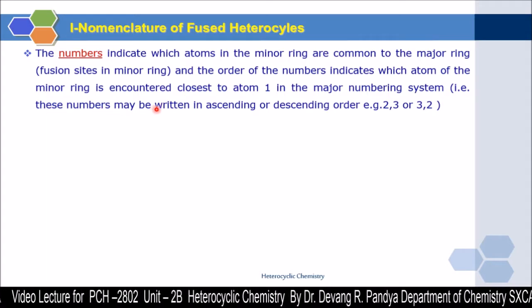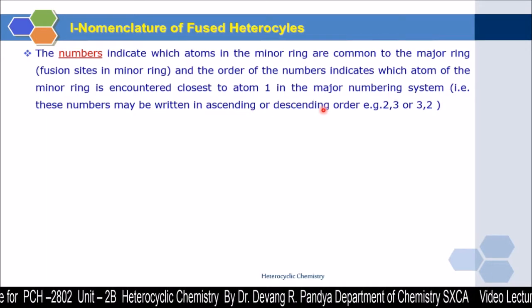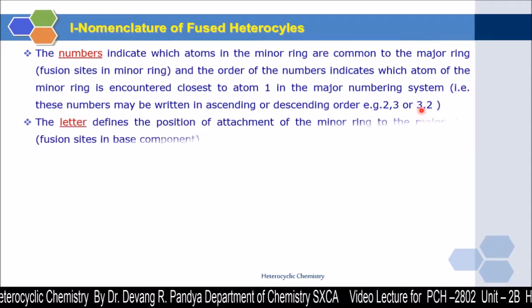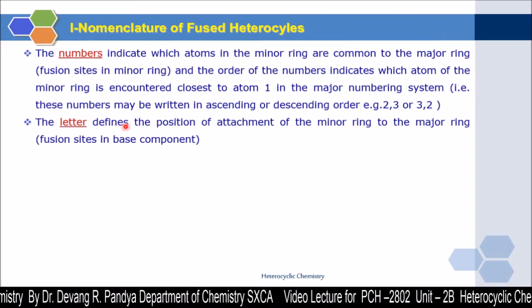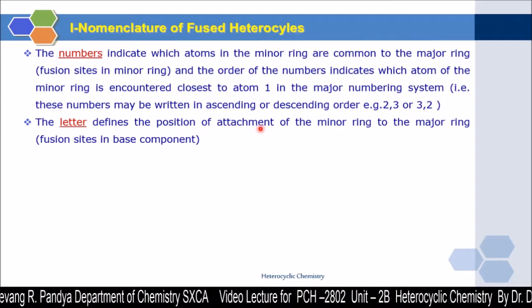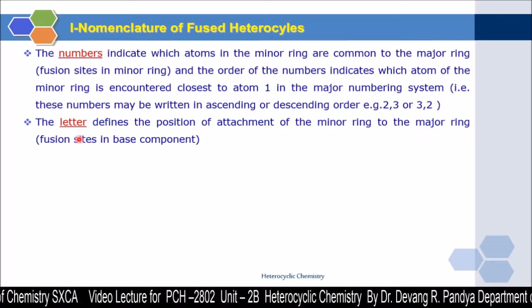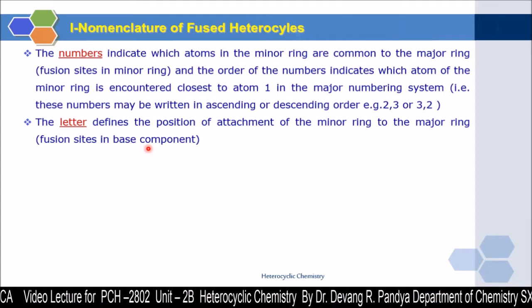These numbers may be written in ascending or descending order like 2,3 or 3,2, etc. The latter defines the position of attachment of the minor ring to the major ring, that is the fused site in the base component.